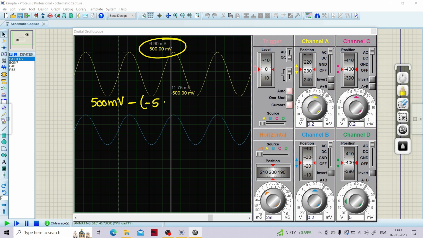When you subtract them, you get 1000 millivolts peak to peak, which is eventually 1 volt peak to peak. So this is what we had given at the input side.